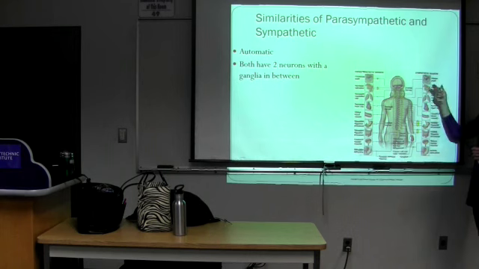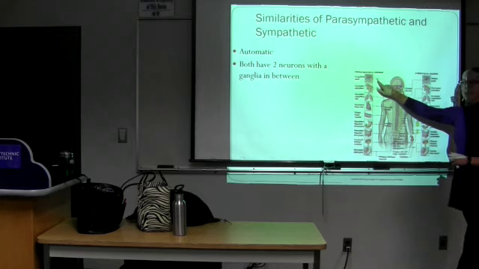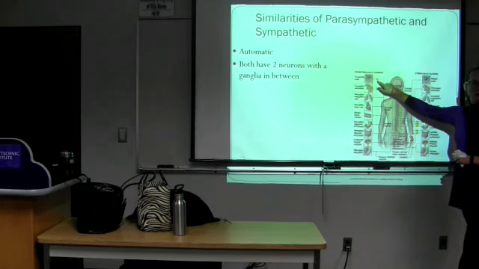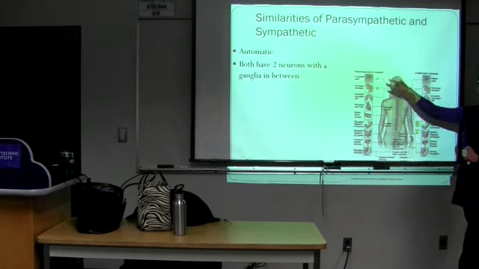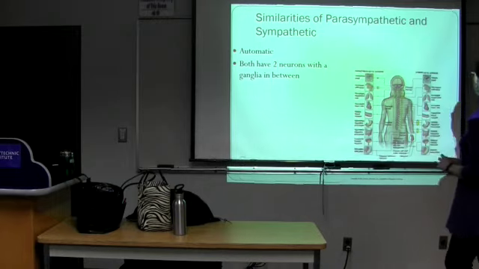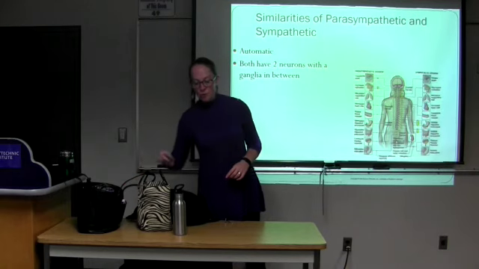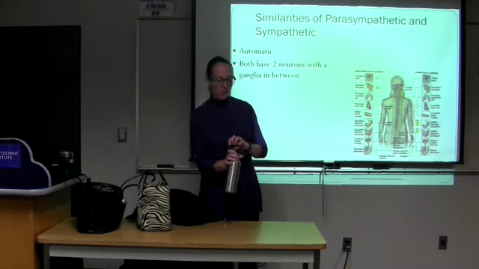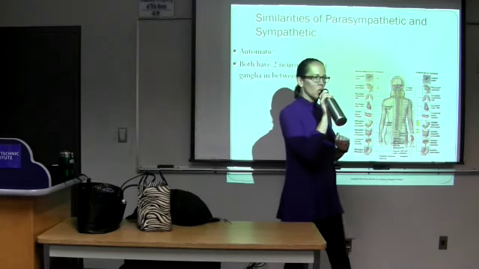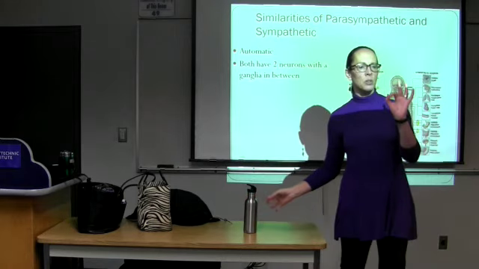In parasympathetic, which comes from the cranial nerves and the sacral nerves, there's two nerves as well. The first one is long because the ganglia in parasympathetic are close to the organ. So in parasympathetic, the first axon is long, and the ganglia are close to the organ.